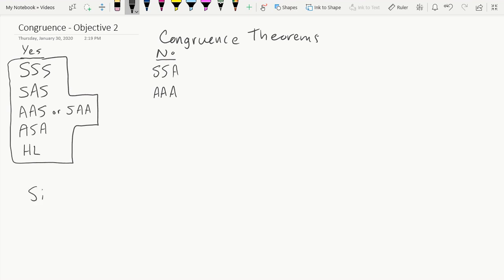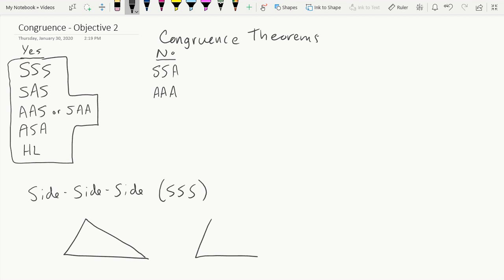All right, so side, side, side. This is the very first one, and we're going to call that SSS. Now, if I have two triangles, and the information that's given to me is that all the corresponding sides, so this one, and then this one, and then this one.